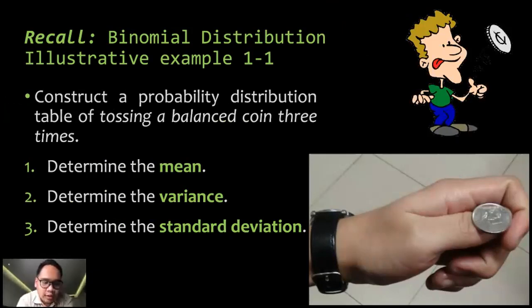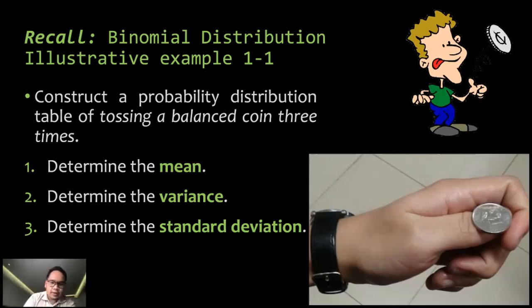The mean is n times p, 3 times 1/2, which is 1.5. So in 3 tosses, you're going to get 1.5 heads more or less. For the variance, you multiply that by another 1/2, so 1.5 times 1/2 is 0.75. To get the standard deviation, you get the square root of that, which is 0.87.